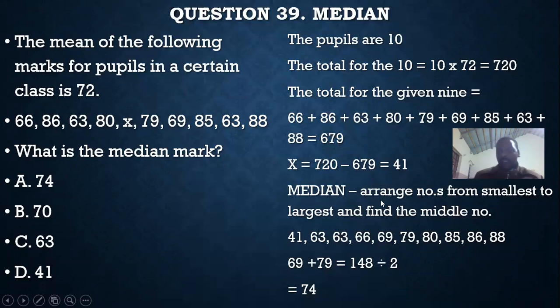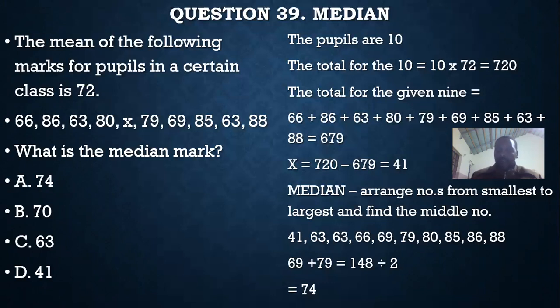To get median, we arrange the numbers from the smallest to the largest and find the middle number. So we start arranging with 41, 63, 63, 66, 69, 79, 80, 85, 86, 88. We confirm by counting them: 1, 2, 3, 4, 5, 6, 7, 8, 9, 10.